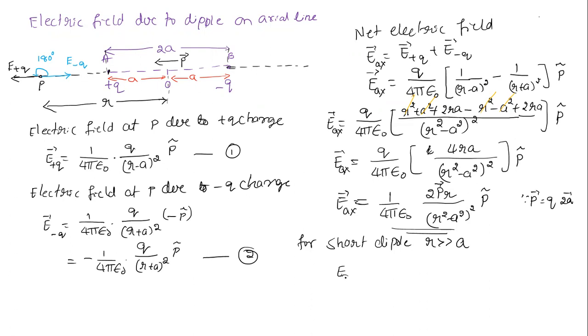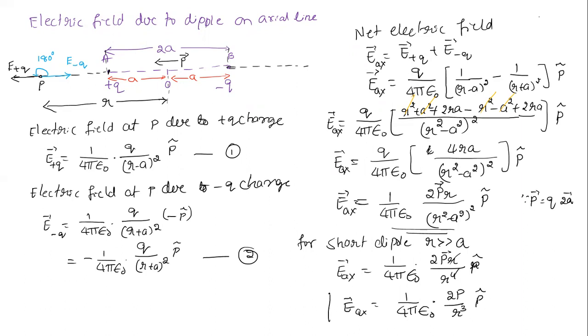You are left with E axial in vector notation equal to 1 by 4 pi epsilon naught into 2PR by R to the power of 4 into P cap. Here one R is going to cancel. We get E axial equal to 1 divided by 4 pi epsilon naught multiplied by 2P by R cube into P cap.